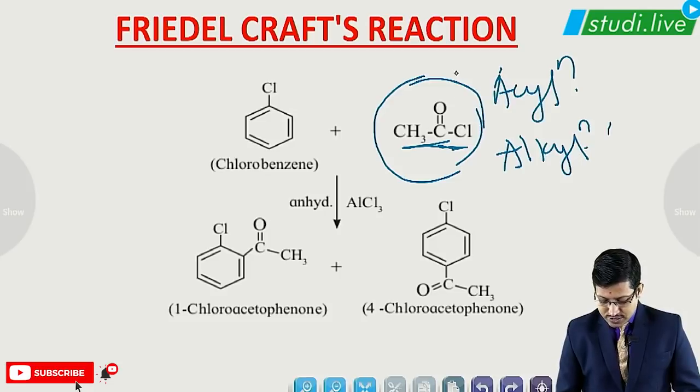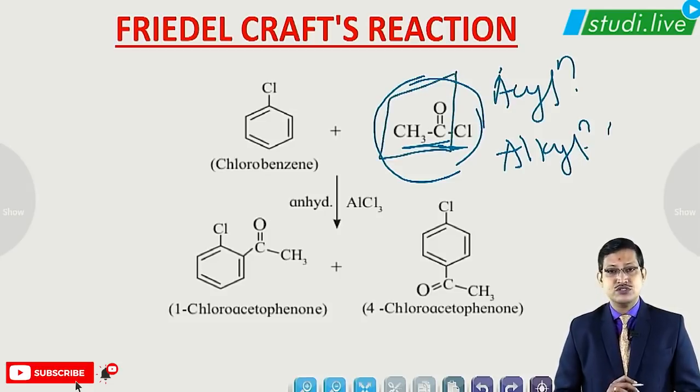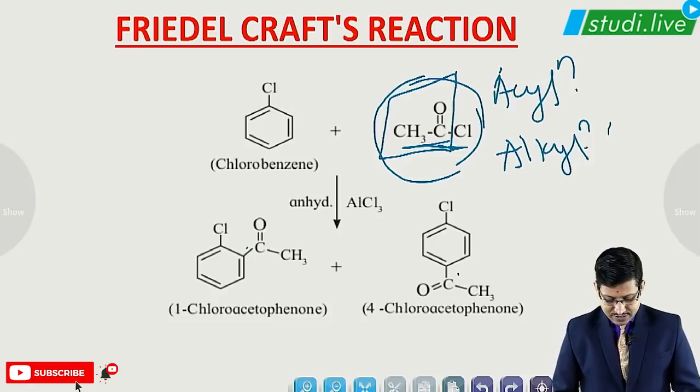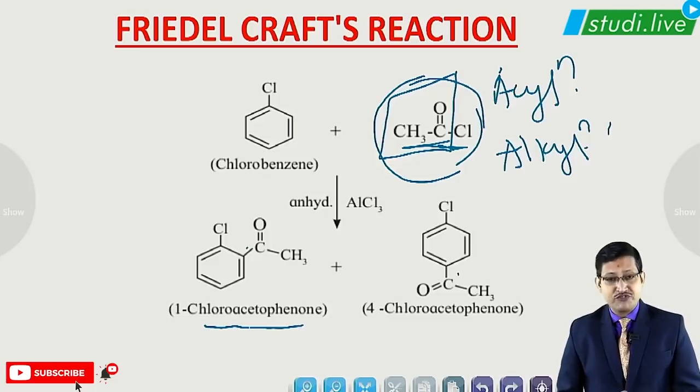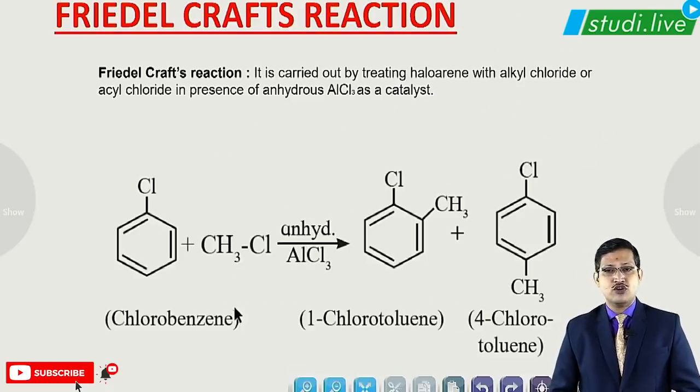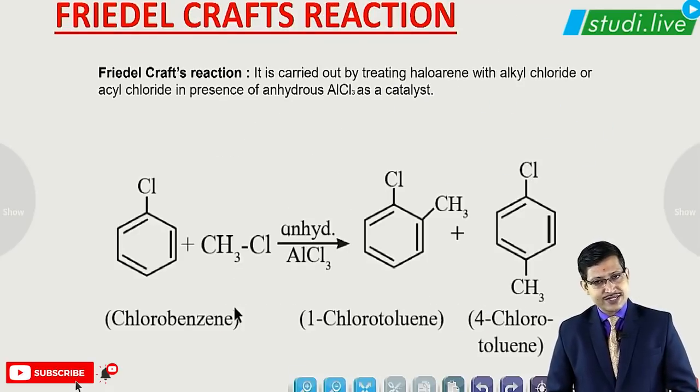So this COCH3, this small portion, will be at ortho location here, and it is at para location here. So ortho and para, and that gives you the formation of 2-chloroacetophenone and 4-chloroacetophenone.